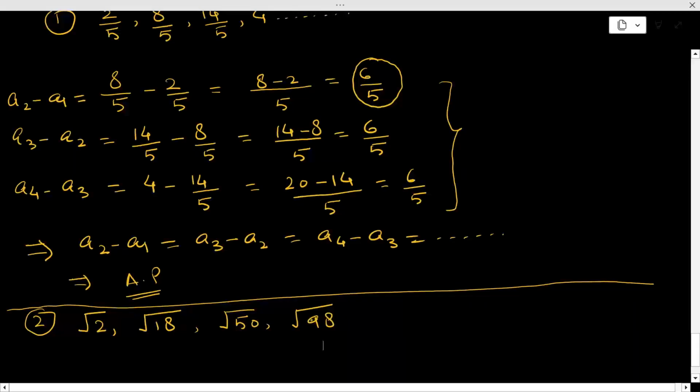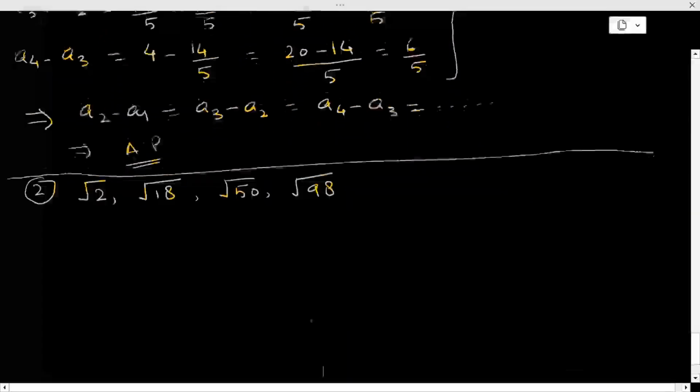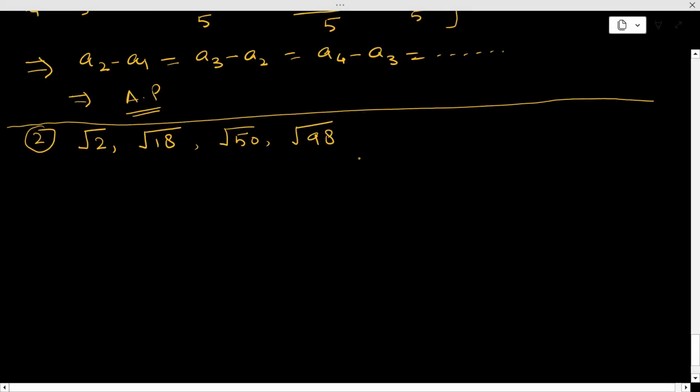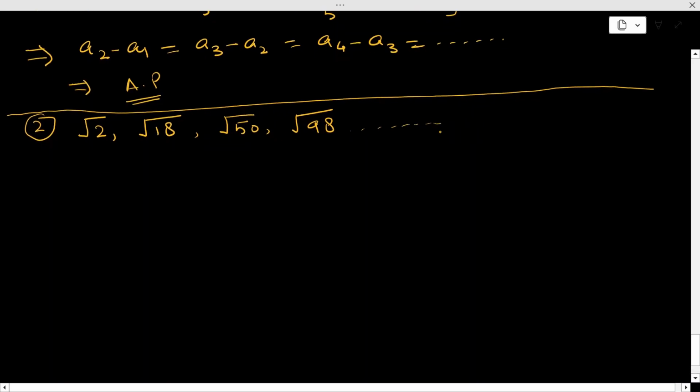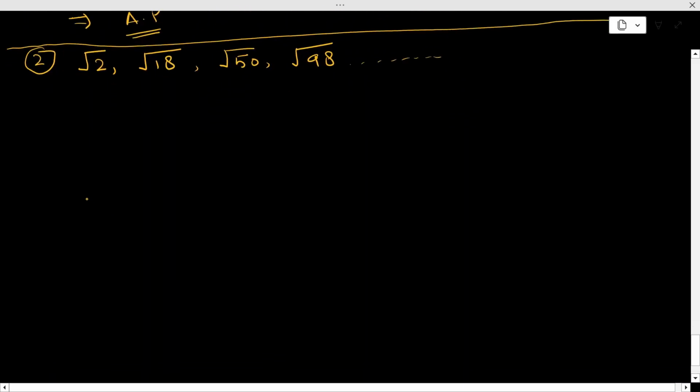Again we have to find out whether this arrangement forms an AP or not. You can identify the first term as A1, the second term as A2, this is our A3, and this is our A4.